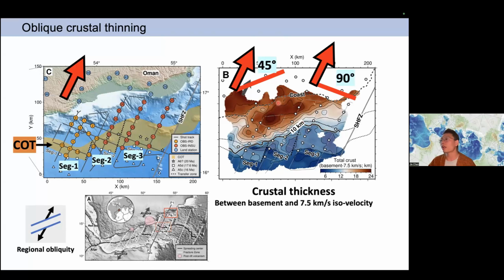They are almost parallel to the coast, and the strike of these contours is about 45 degrees oblique to the spreading direction. This is consistent with the original obliquity at a similar angle. But this obliquity only exists in segments 1 and 2. In segment 3, the obliquity does not exist; it's almost orthogonal, 90 degrees.